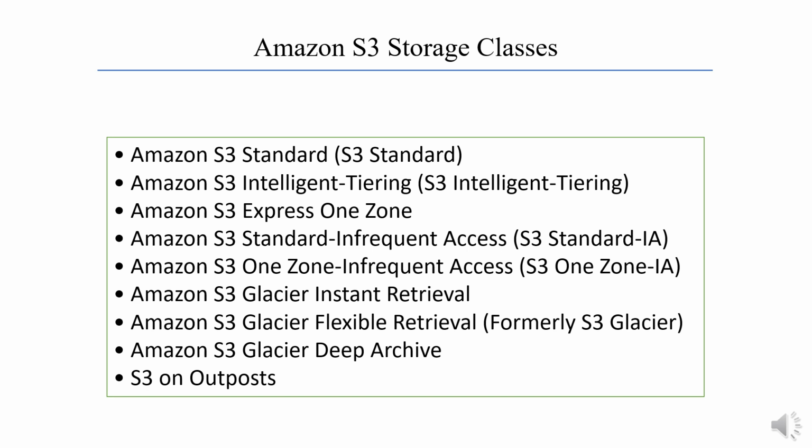Amazon S3 Glacier Deep Archive supports long-term retention and digital preservation for data that may be accessed once or twice in a year. Good for highly regulated industries such as financial services, healthcare, and public sectors that retain data sets for 7 to 10 years or longer to meet regulatory compliance requirements.